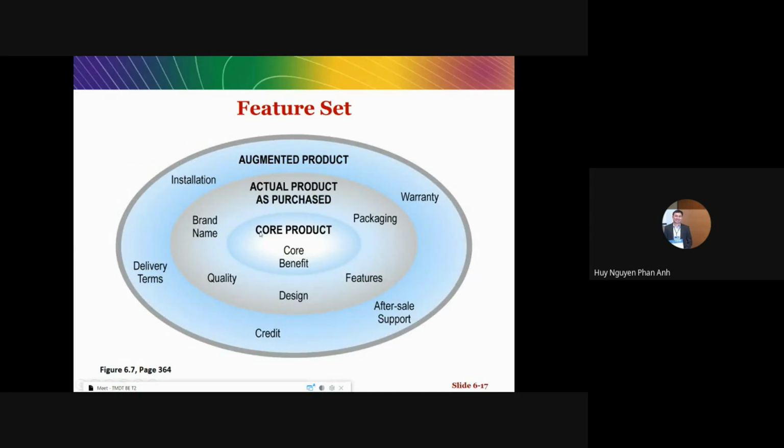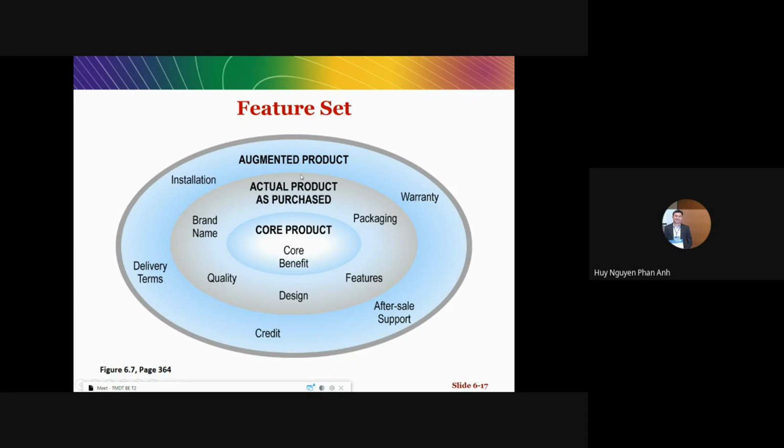We just discussed, and they draw in this diagram the core benefits. The actual products such as the brand names, whether it's Apple or Samsung for the cell phone, etc. Quality, design, features, packaging. Packaging is also very important in marketing as well, right? It should be eye-catching and convenient as well.